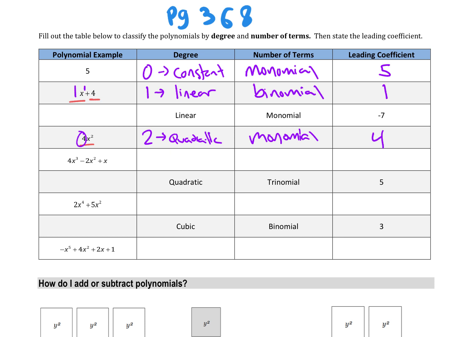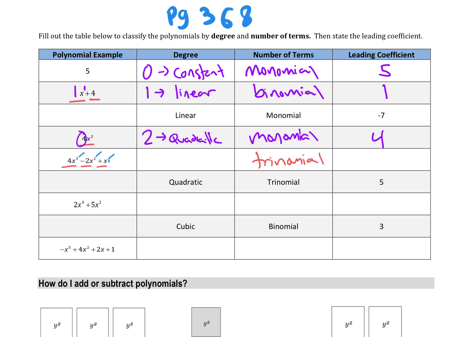Next example here, 4x cubed minus 2x squared plus x. Let's underline all the terms. So there's 4x cubed minus 2x squared plus x. 3 terms, that has a word. That's called a trinomial. That's how many terms there are. I'm also going to put little arrows pointing to the exponents.